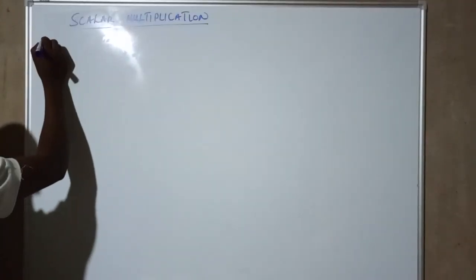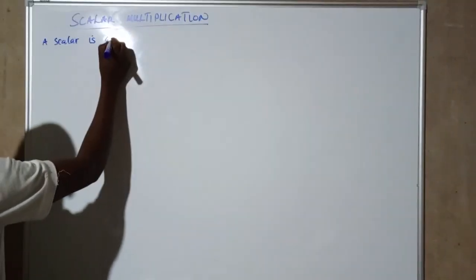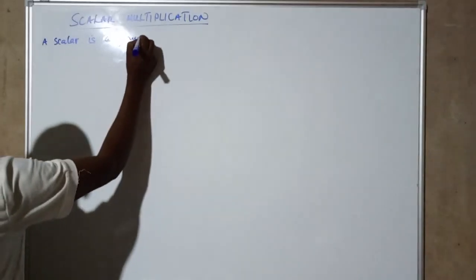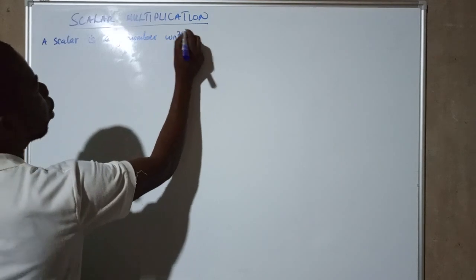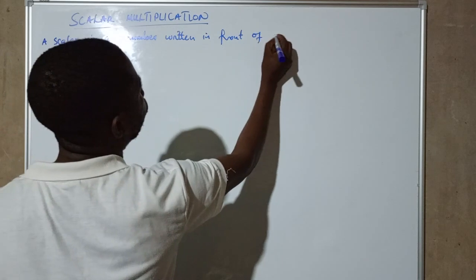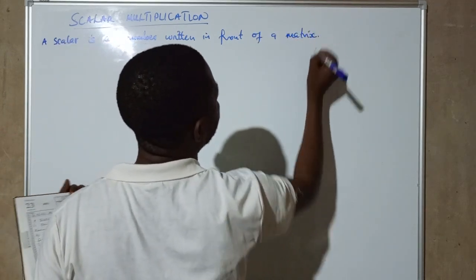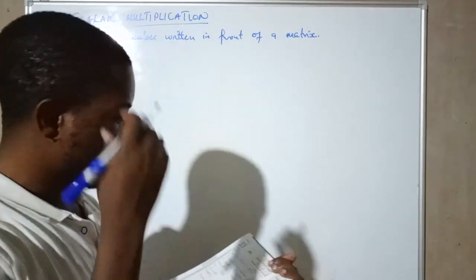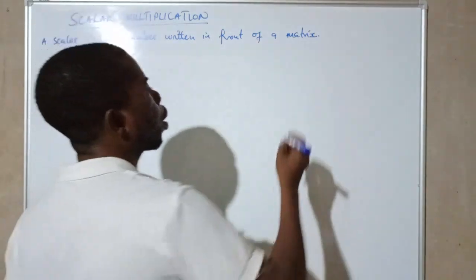So this scalar here is any number written in front of a matrix. So we have to understand that each element of a matrix is multiplied by a scalar.